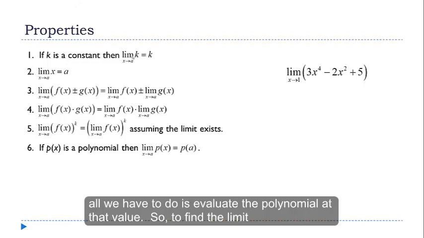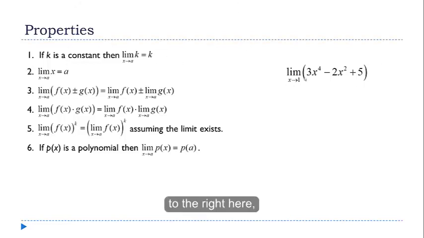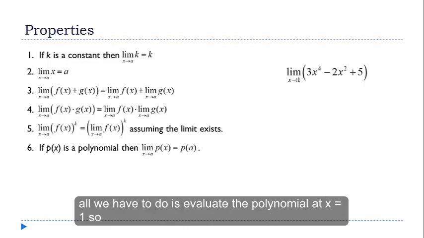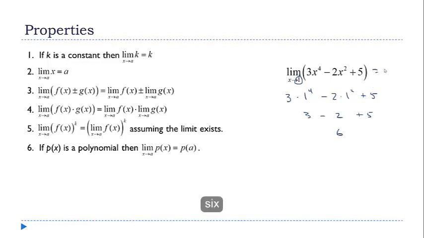So to find the limit to the right here, all we have to do is evaluate the polynomial at x equals 1. So 6 is the final result.